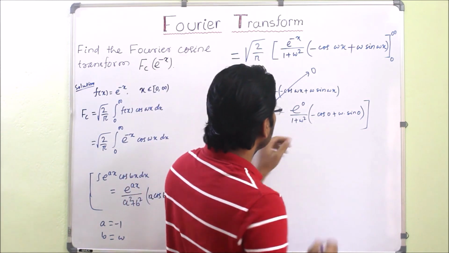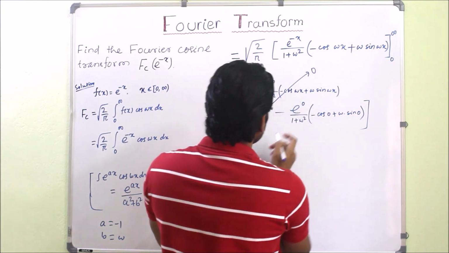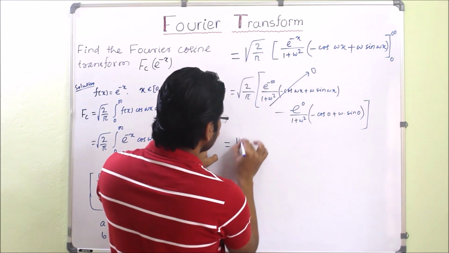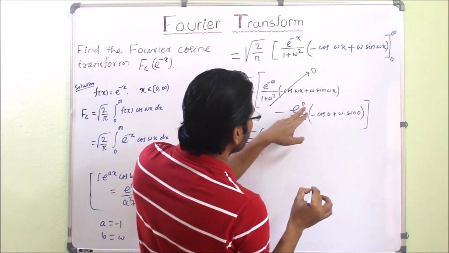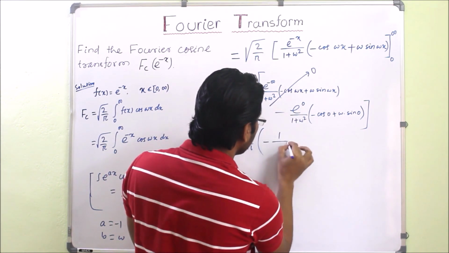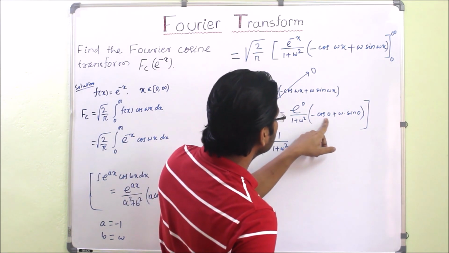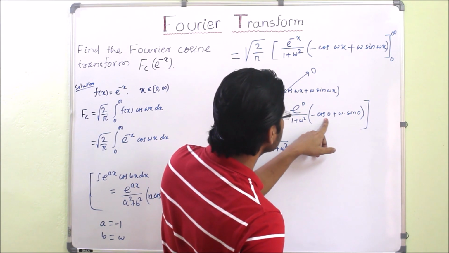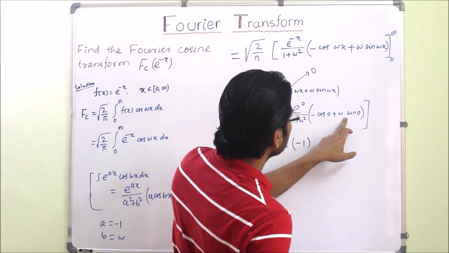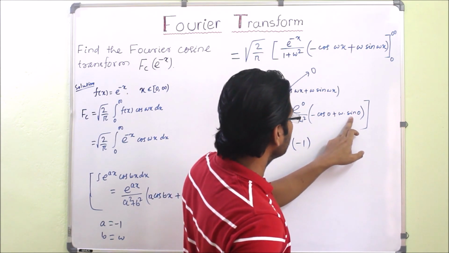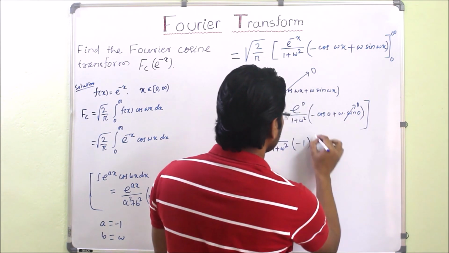But the second term will be minus e to the power 0, and e to the power 0 is 1. So square root of 2 by pi whole into minus 1 by 1 plus w square, whole into minus cos 0, where cos 0 is 1, so minus 1, plus w into sin 0, where sin 0 is 0, so w into 0 will be 0, no need to write.